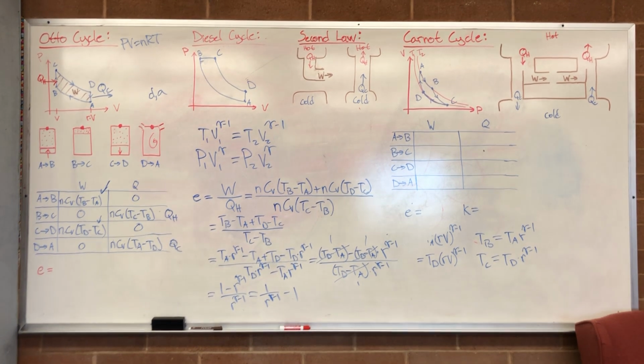The author wrote it differently. Then I might have made a mistake somewhere. No, he did 1 minus 1 over r to the gamma minus 1, in a different order than mine. I messed up a sign somewhere.